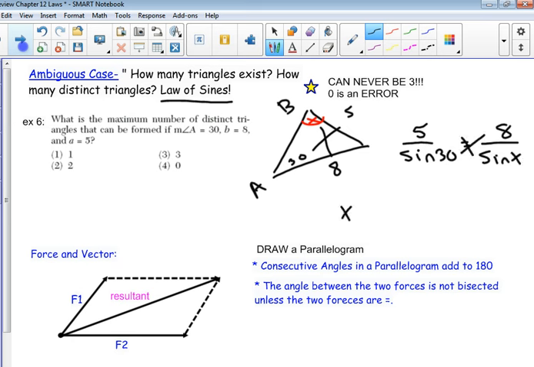Let me know what you get first. Okay, there you go. That's just because it's so small, it looks weird.